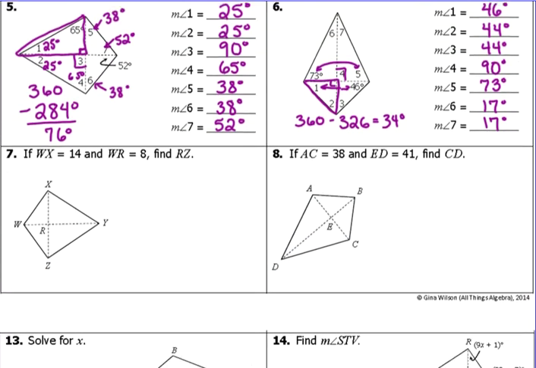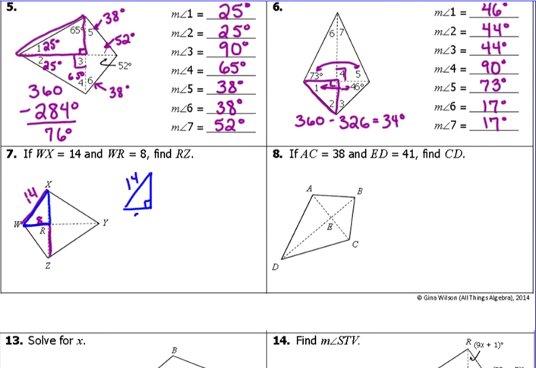Okay, stepping away from angles for a minute, let's look at lengths. WX is 14. WR is 8. They want us to find RZ. Well, RZ is not a part of the triangle right here, which is what we're going to focus on, so I'm going to pull it out.